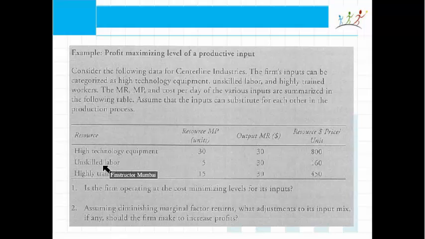So high technology equipment will produce 30 units. That is, one high technology input produces 30 units. Each unit can be sold for $30 and the cost per unit is $800.